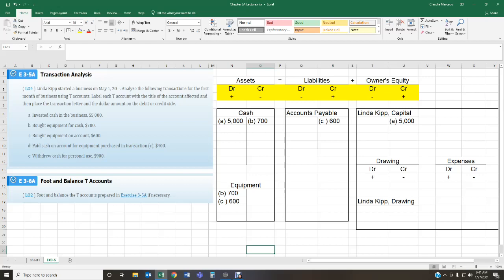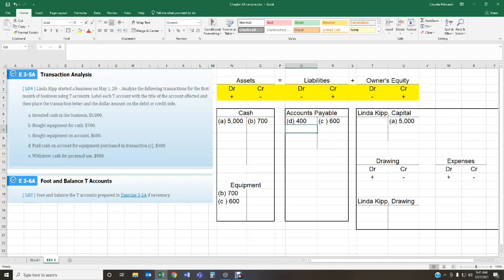If you're making a payment on something that you owe, then your accounts payable, your liability, is going to decrease. If your liability decreases, then you debit your account. Okay, this is letter D. So I'm going to debit my accounts payable for $400 to decrease the balance. Now, it says that you paid cash.